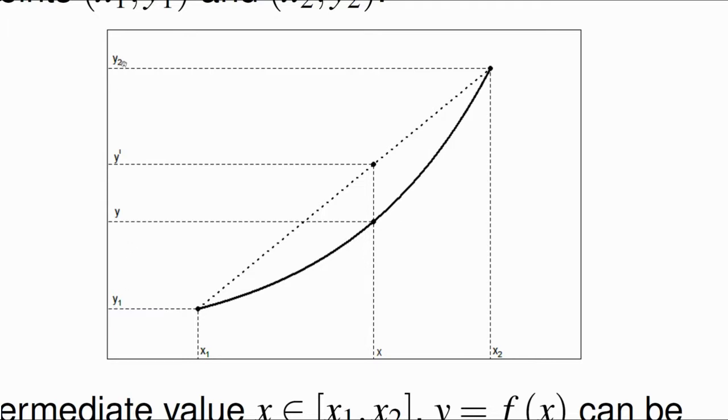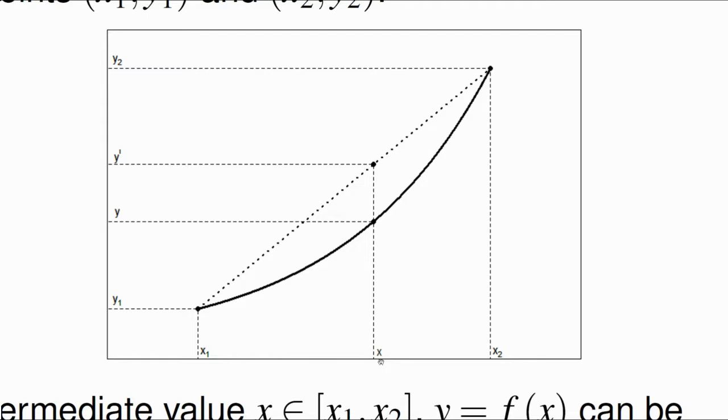This means the weight of y2 should be larger than the weight of y1. So how do we determine the weight of y2? The weight of y2 should be proportional to the distance between x and x1, and the weight of y1 should be proportional to the distance between x2 and x.